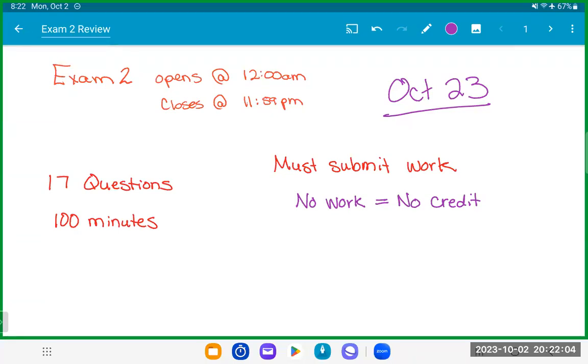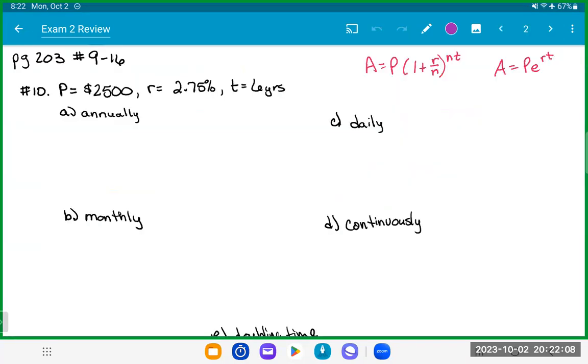So for our first question here, you'll see something along the lines of this growth, the profit function.